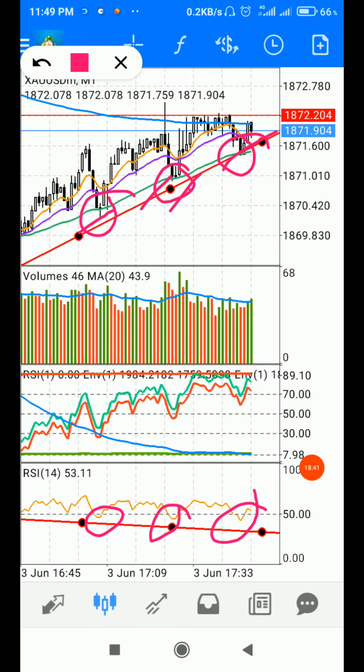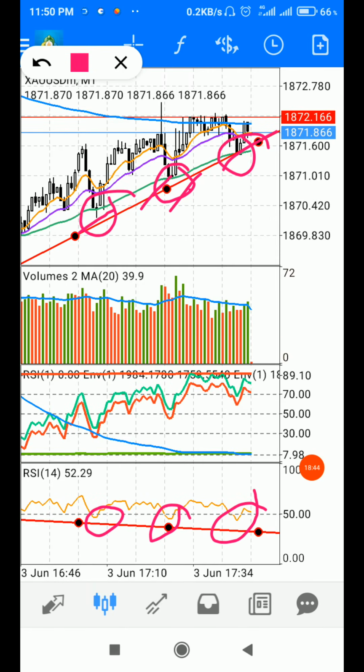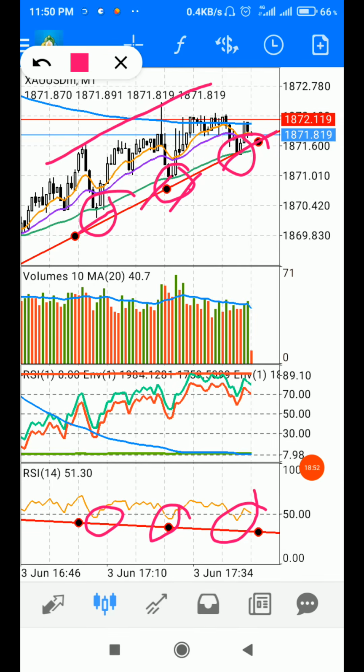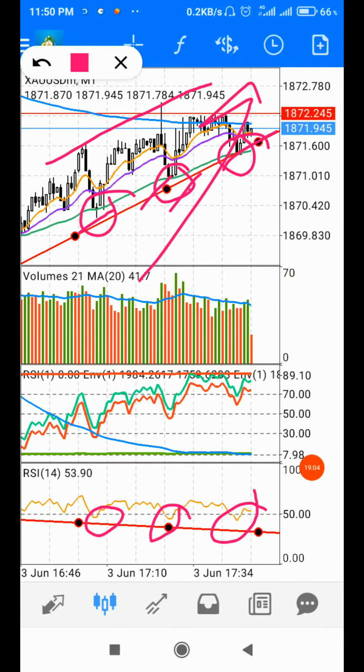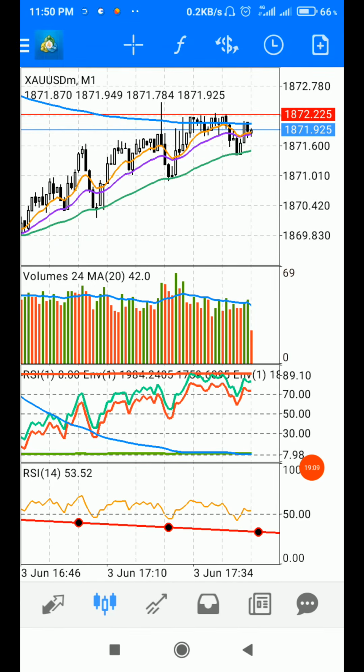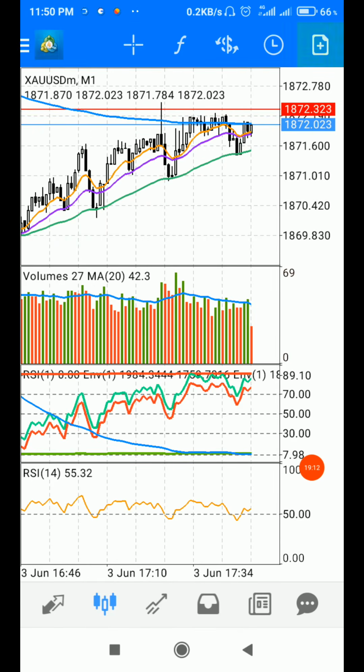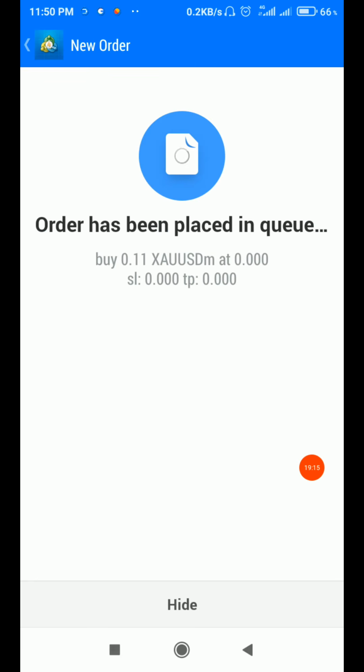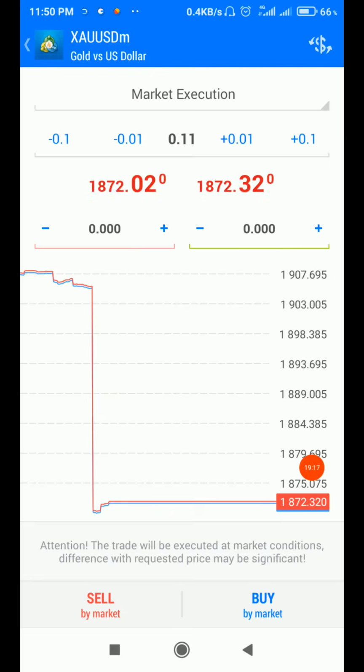But price is hitting upward, so it is a hidden divergence. So price will continue in the uptrend. So right now we're just taking entries to buy. So take entries. I'm taking entries.